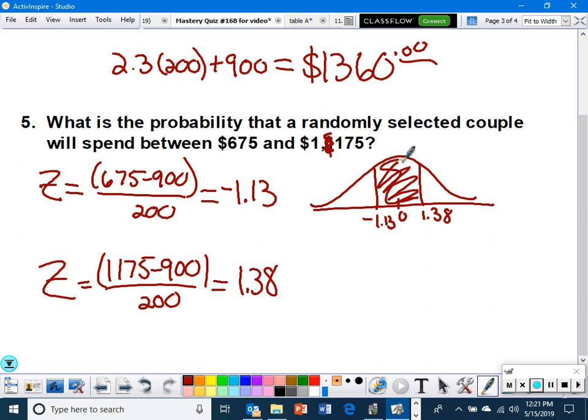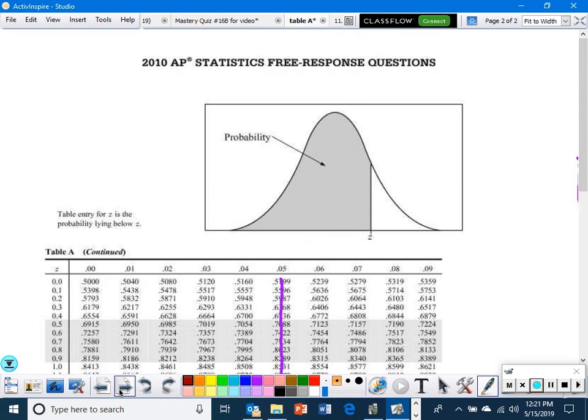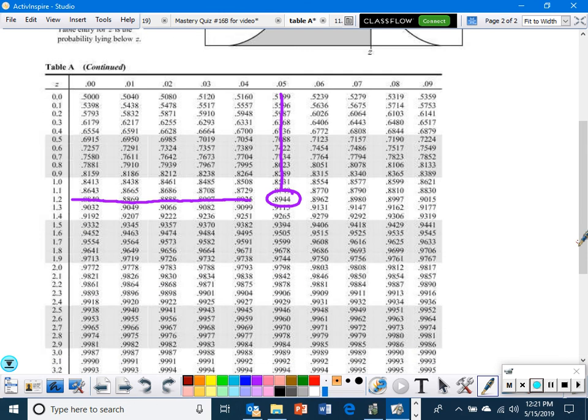All right, so my picture. So it's exactly like problem 1. So I'm going to go look up the 1.38, the bigger z-score first. So I'm going to go to my table, 1.38, .38 would be 0.9162.